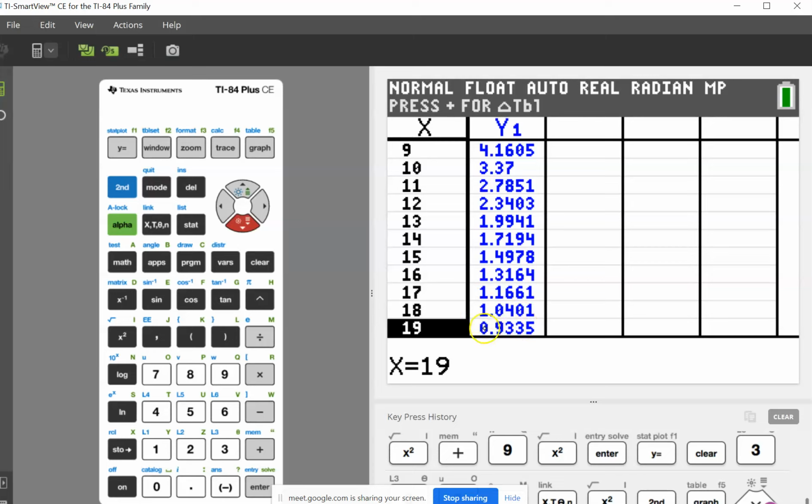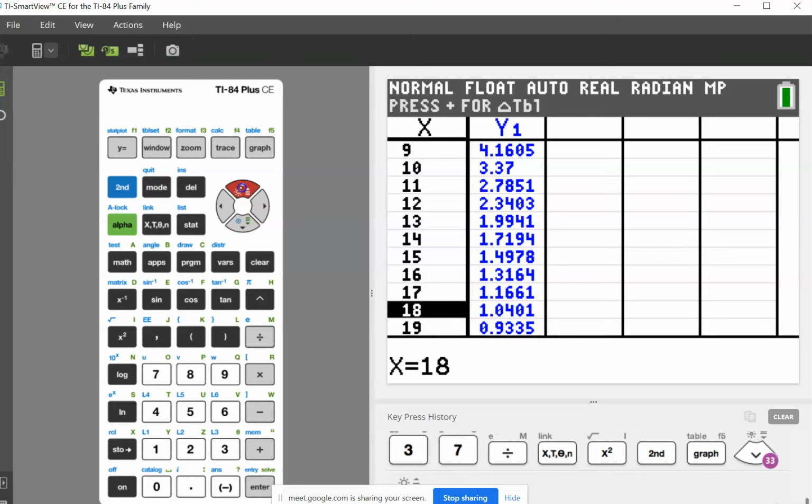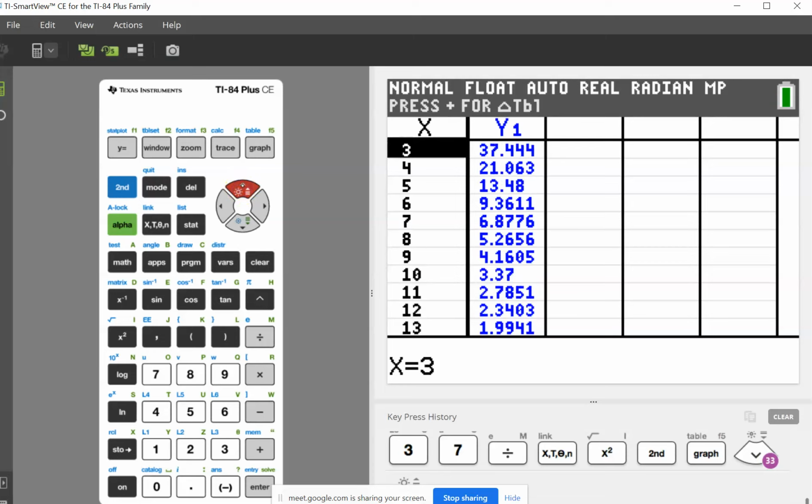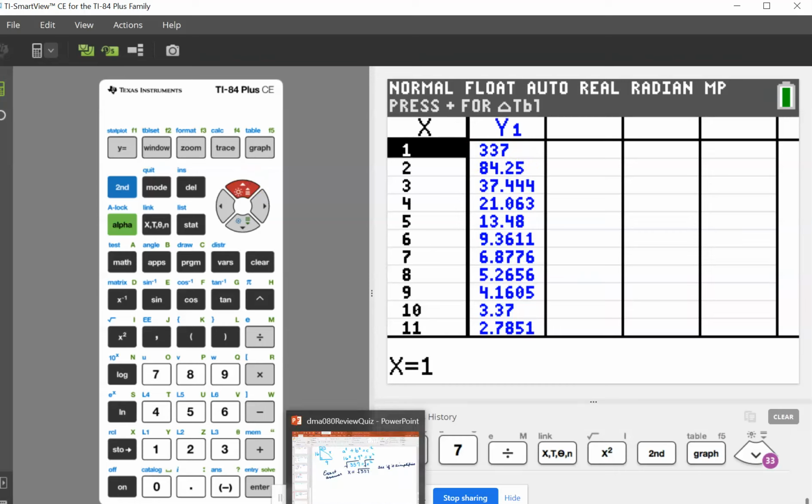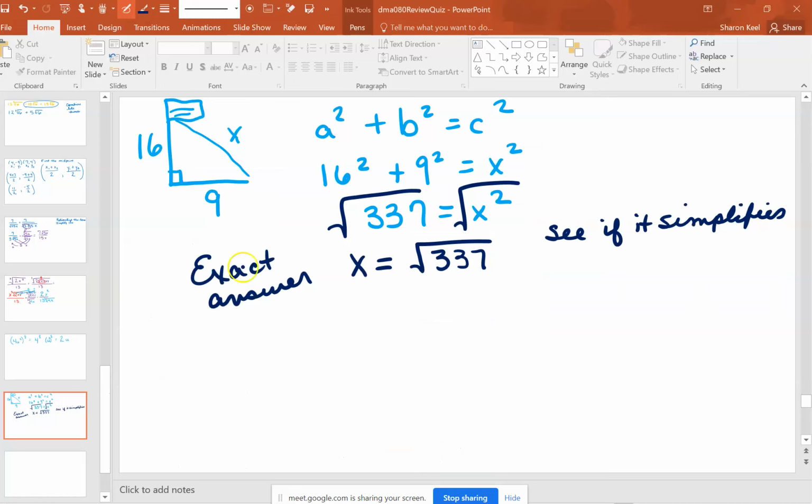It's not a perfect square root. So let's come back up. We're looking for the first pair of whole numbers. This is the first pair of whole numbers, so it does not reduce any further. So my exact answer is the square root of 337. See if it simplifies, and I'm going to put it does not.